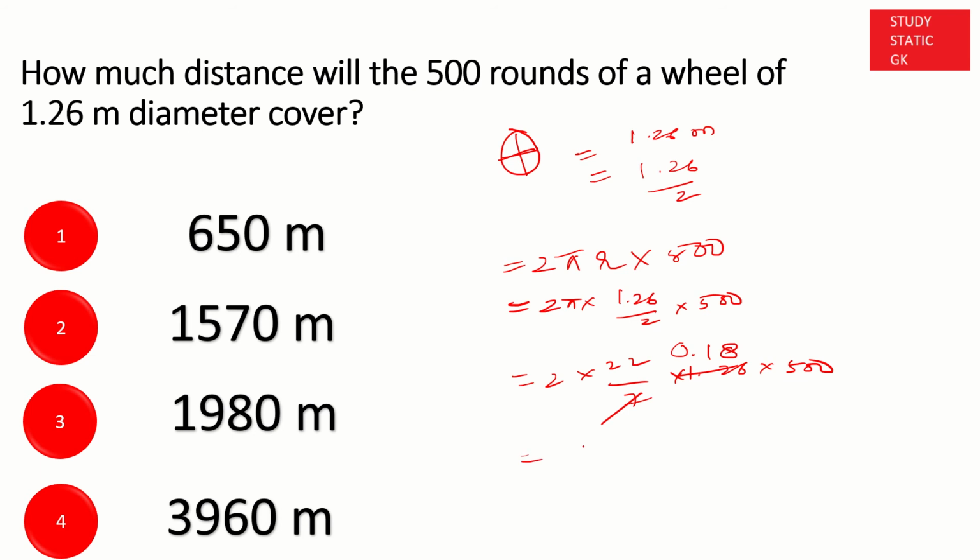And you calculate this one, 44 into 18 into 5. So 44 into 18, 5 are 19. Right? So now 44 into 19, 9 4s are 36, plus 3, 39. So 3960. So this is the answer.